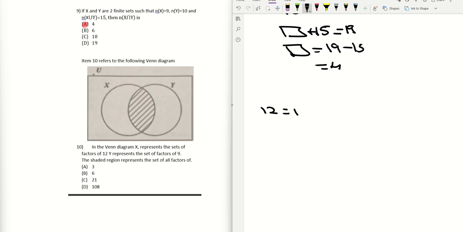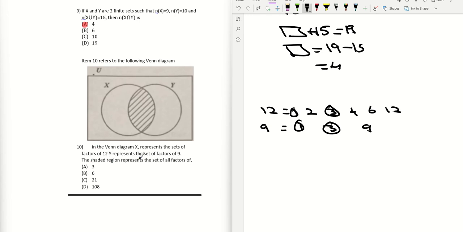If you use the pair method, this is 1 and 12, 2 and 6, 3 and 4. Your factors of 9 would be 1 and 9, and 3. What they have in common is 1 and 3.